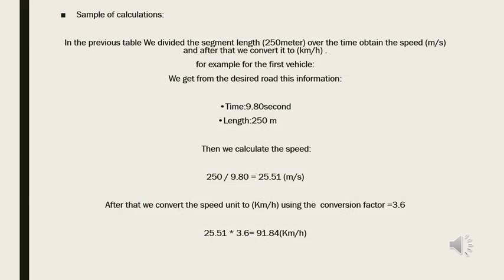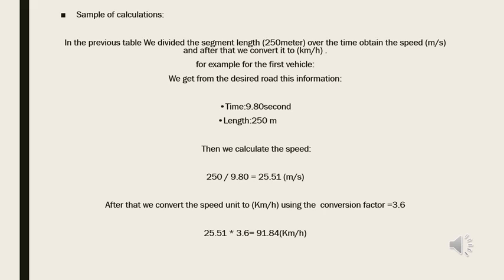In this slide we can see a sample of calculation. In the previous table we divide the segment length, 250 meters, over the time to obtain the speed in meters per second, and after that we convert it to kilometers per hour. For example, for the first vehicle the time is 9.80 seconds and the length of our section is 250 meters.